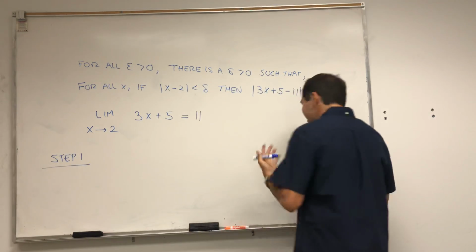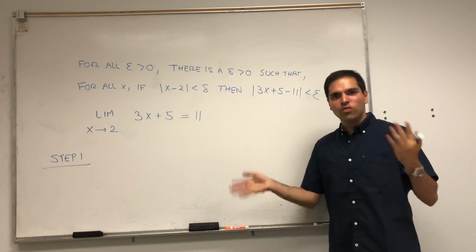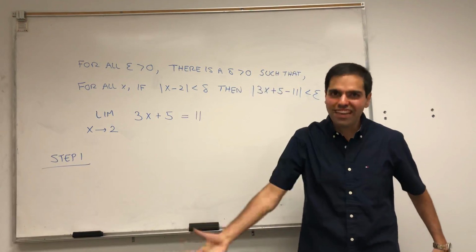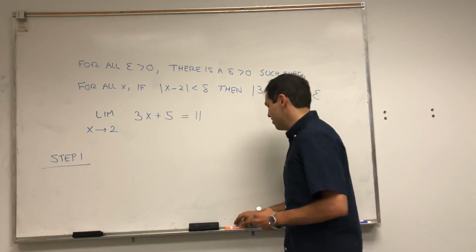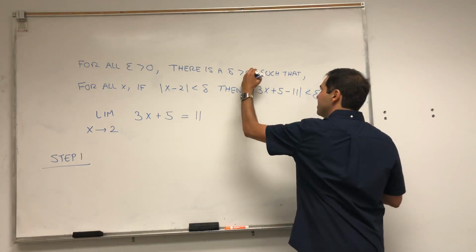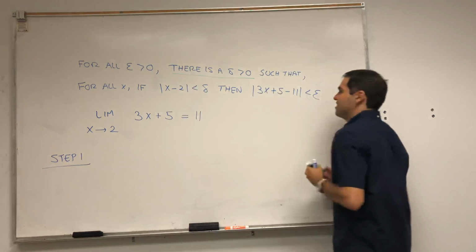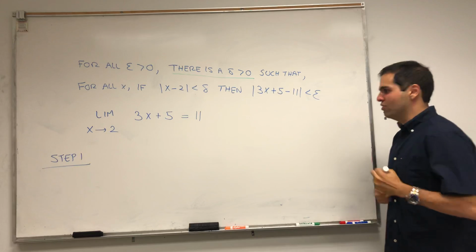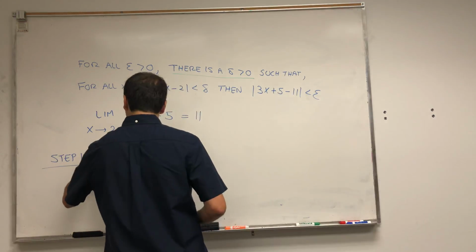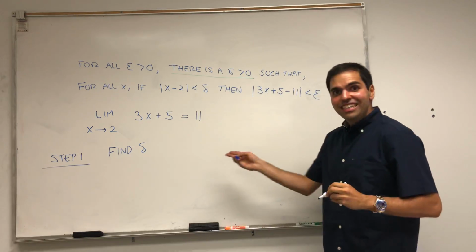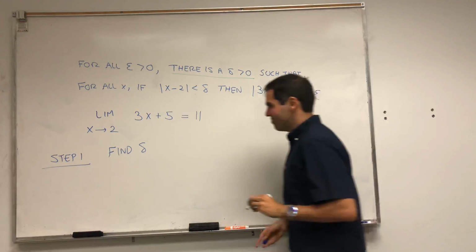The first step seems like it's going in reverse, but remember that's just the first draft. In the second step, you want to write the proof. In the first step, what's very important is this: there is a delta. Whenever you see there is, it means you have to find it. So our first step is to find delta. It's like finding Nemo, but with delta.